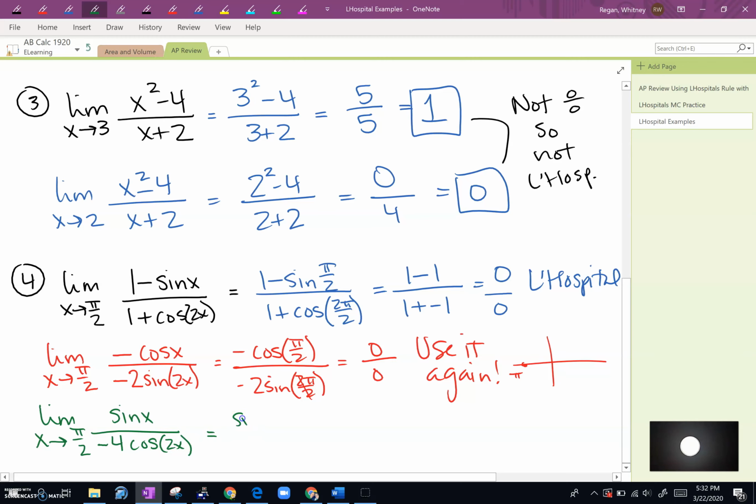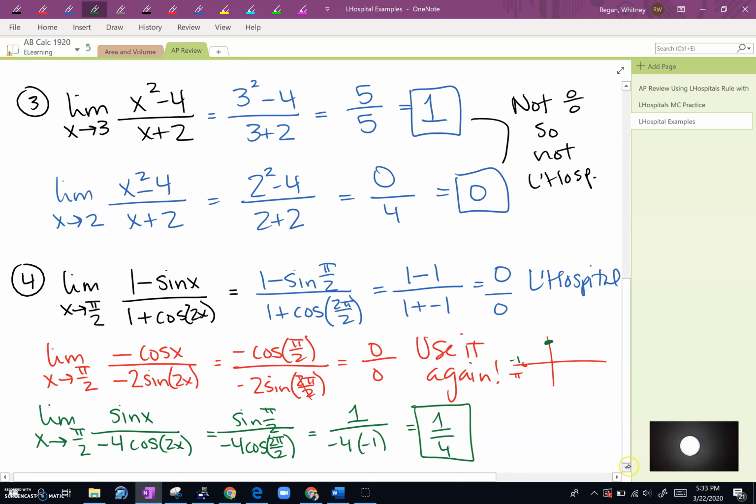So we will have sine pi over 2 over negative 4 cosine 2 times pi over 2. So sine of pi over 2 is up at 1. Cosine of pi is going to be negative 1. So we have negative 4 multiplied by negative 1. We end up getting just 1/4.